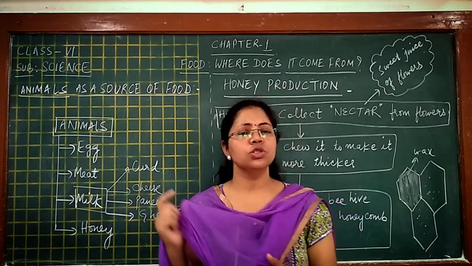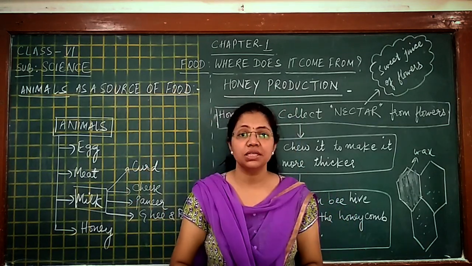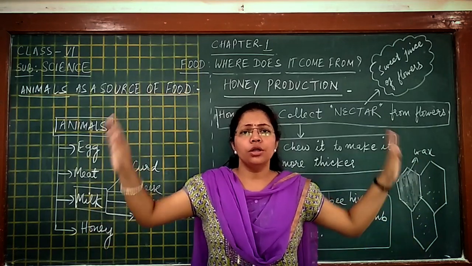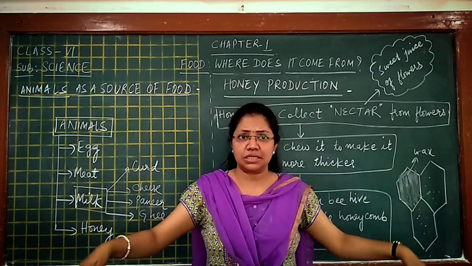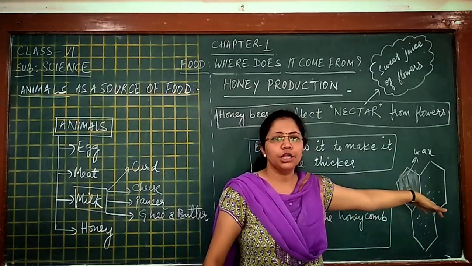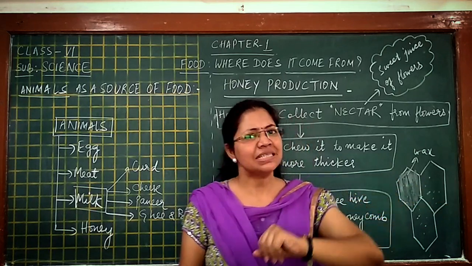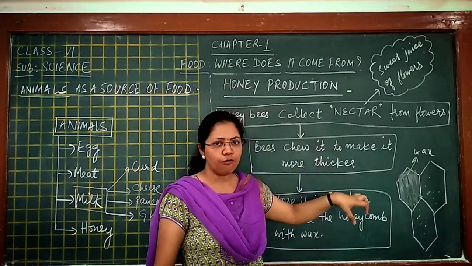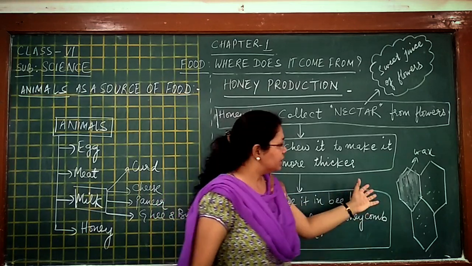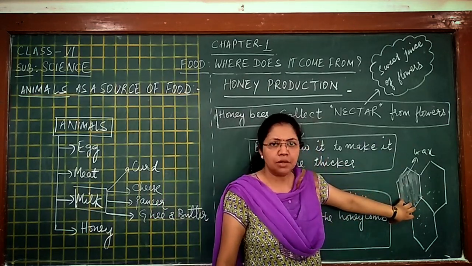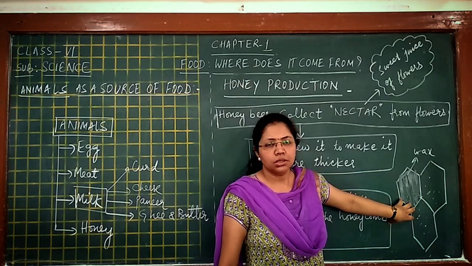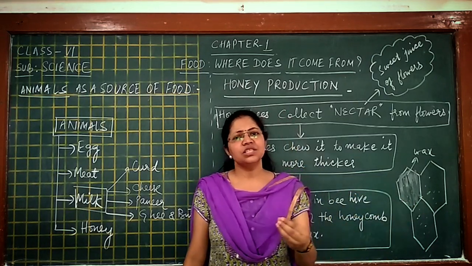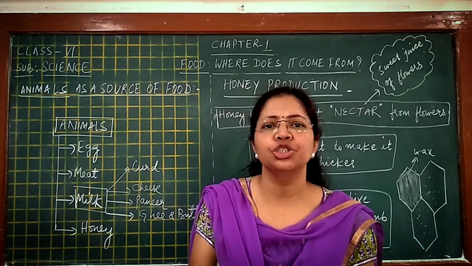Sometimes you might have also noticed that the honeybees keep on fanning their wings just near the honeycomb. It is one of the steps in honey production. How? Because after chewing for a considerable part of time, they transfer and store the honey in the bee comb. Then still it has a good amount of moisture.